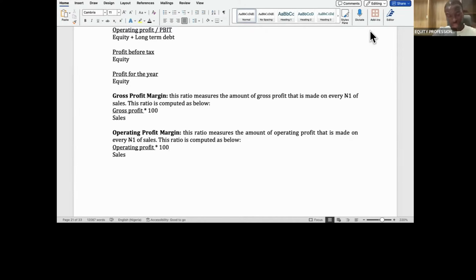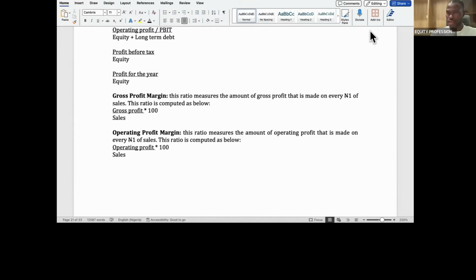And if it is declining as well, this is what will have caused it. So you need to look at the peculiarity of the company. You need to look at the additional information given to you on this particular entity or entities so that you can pick up how to analyze operating profit margins. So you don't just tell the examiner that this ratio has increased from year 1 to year 2, so it's good. You get zero. You haven't analyzed. You haven't interpreted.